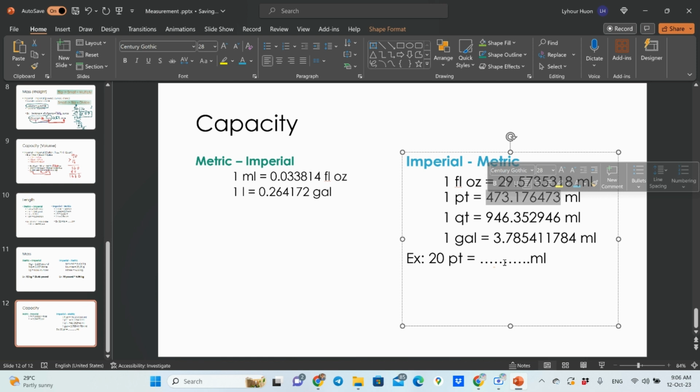So 20 pints equal to how many milliliters? We don't need to do the zeros, do we? Zero will shift one decimal. It has to be zero, zero, zero, zero, plus 473.